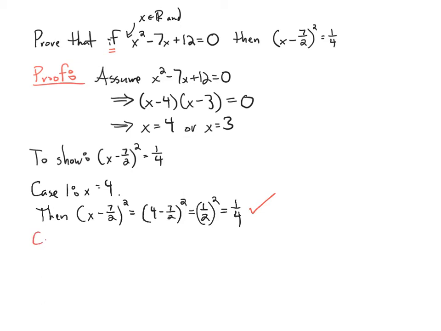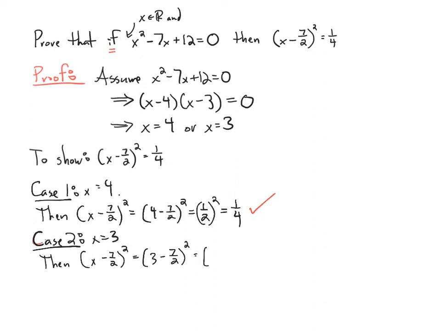Case 2, x is 3. So let's check. Then (x minus 7/2) squared equals 3 minus 7/2 squared. 3 is 6/2, so 6/2 minus 7/2 is negative 1/2 squared.